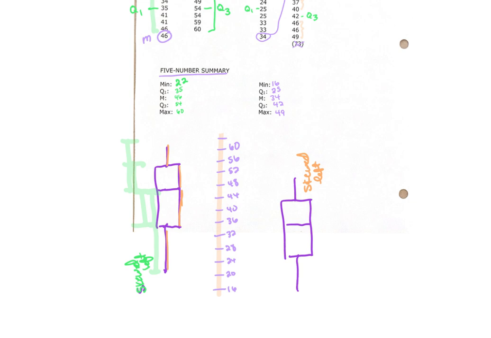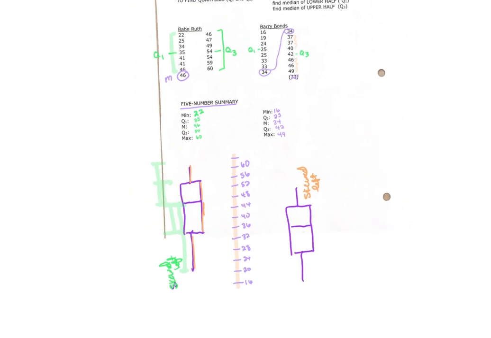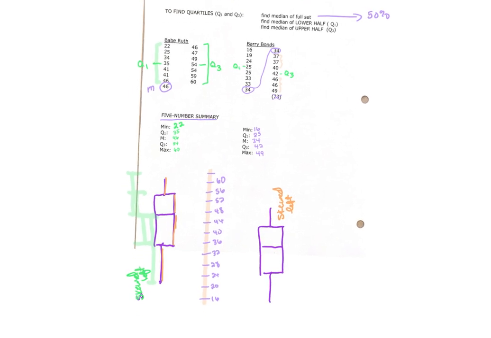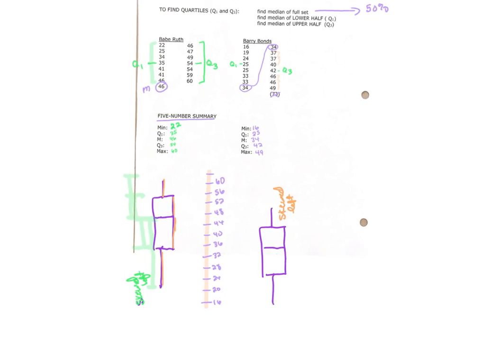So, needless to say, looking at this graph, who was the better home run hitter? Babe Ruth, right? Okay. If I ask you to make some comparisons or to describe stuff in the graph, that's what I would be looking for.